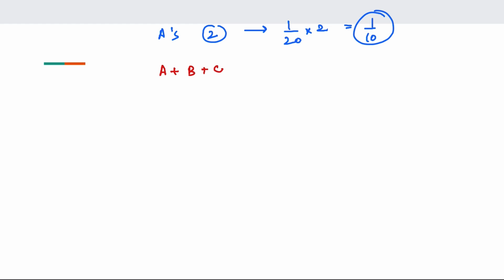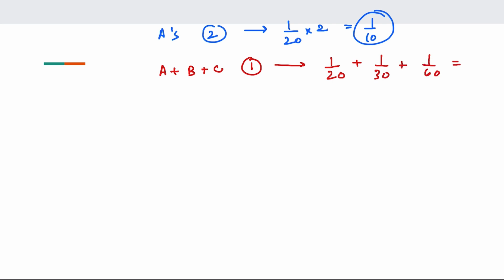So what is happening is, A's 2 days work is what? 1 by 20 into 2, obviously, which is nothing but 1 by 10. Correct? Now A plus B plus C's 1 day work is what? It's going to be 1 by 20 plus 1 by 30 plus 1 by 60.